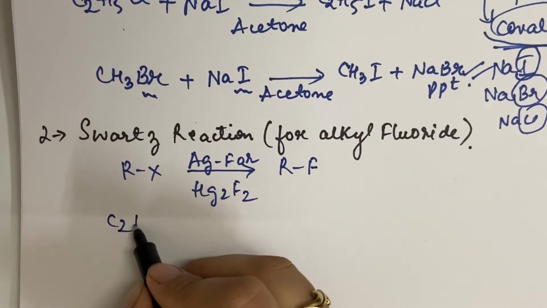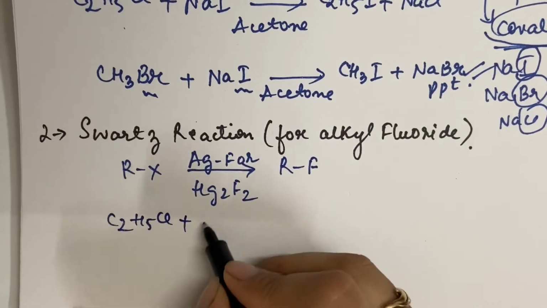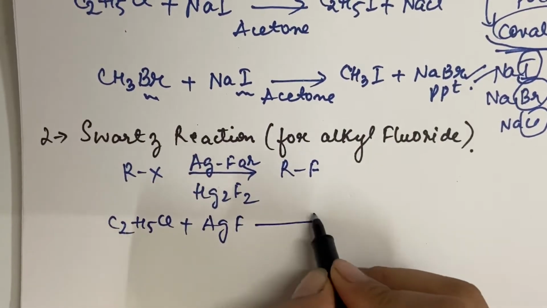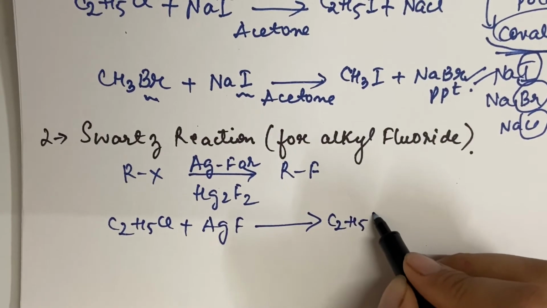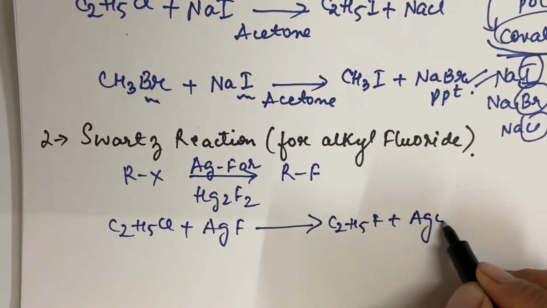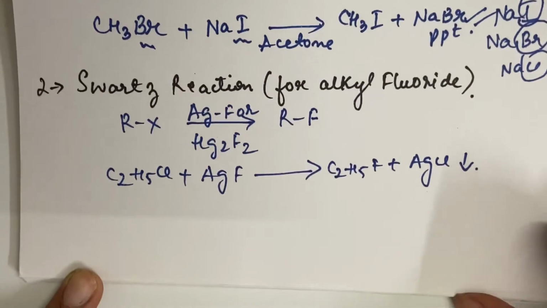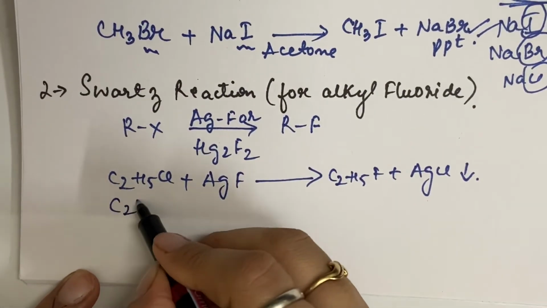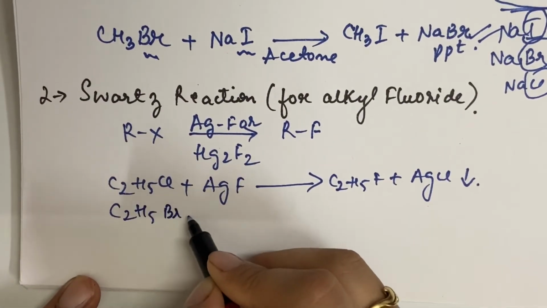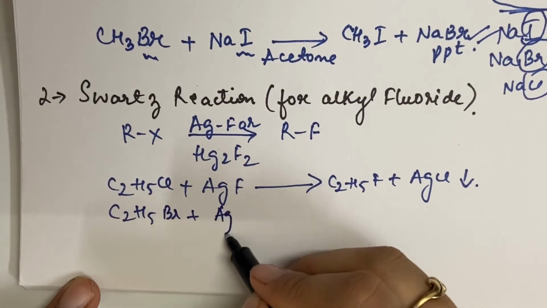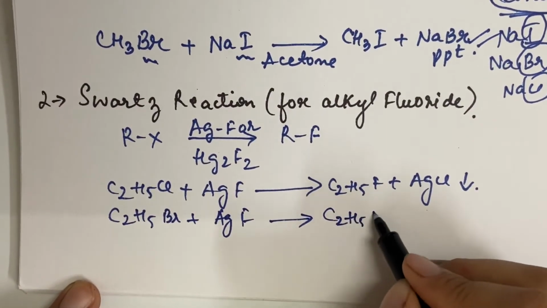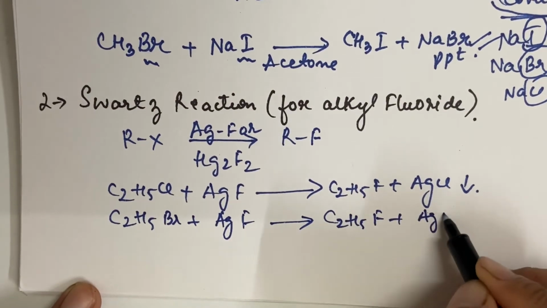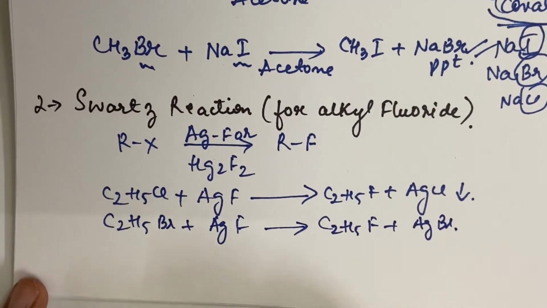So if you have C2H5Cl plus AgF, and what will be the product? Yes, you are right, it is C2H5F, and AgCl will come out as a precipitate. Then if you take C2H5Br with AgF, what will be the product? Yes, again it will be C2H5F only, but the byproduct will be AgBr.